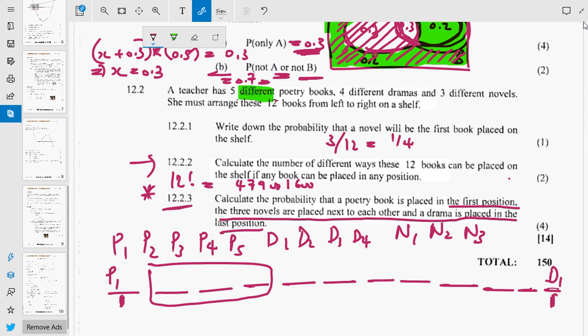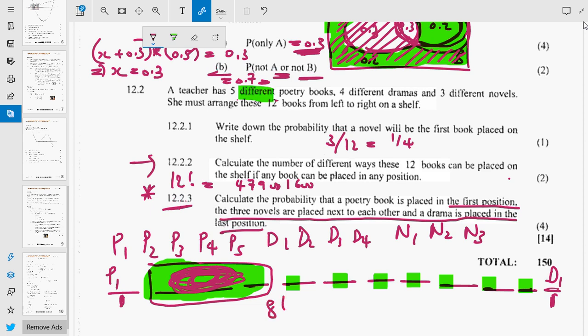So that means I am left with, because these novel books are grouped, 1, 2, 3, 4, 5, 6, 7, 8. That means I'm left with 8 spaces, but this group can move around these 8 spaces.